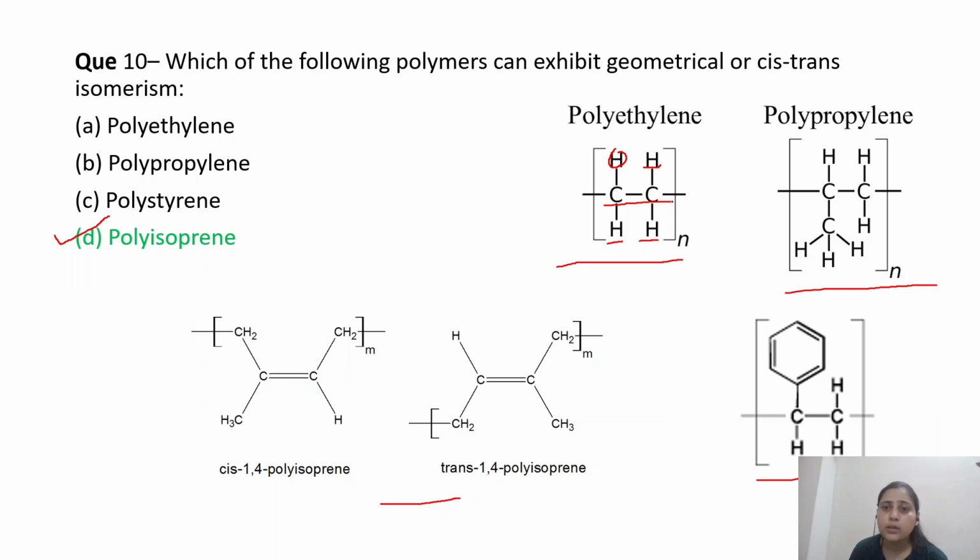So it will not show geometrical isomerism or cis-trans isomerism. While polypropylene and polystyrene have this C rotation, they have three side hydrogen atoms.